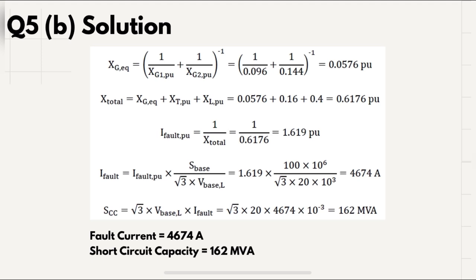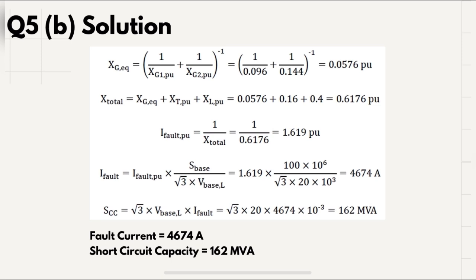And for the X total, by adding all the values, we will get 0.6176 pu. Then for the I fault current in pu, 1 over X total equals 1.619 pu.